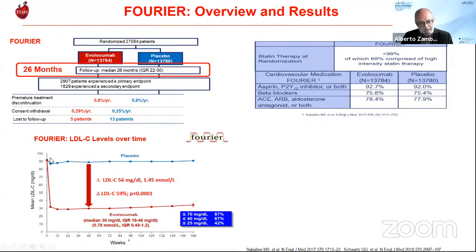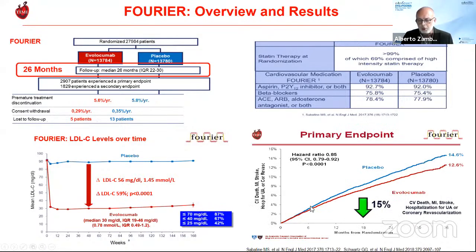You know that the baseline LDL cholesterol was 92, and that was observed throughout the study in the placebo/high-intensity statin group. And those who had evolocumab on board lowered the cholesterol down to 0.8 millimoles or 30 milligrams per deciliter. This is the median, which means half of the population had an LDL cholesterol below 0.8 millimoles, so very, very low.